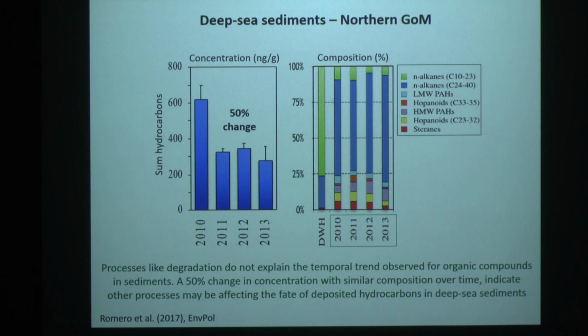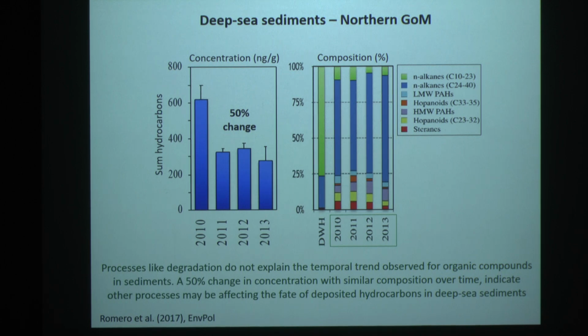Here are sediments collected in the De Soto Canyon, and now we have total sum of hydrocarbons concentrations over time, and on the right side we have the composition of organic molecules in those sediments. One thing to note here is that when I look at the sediment over time, we use chronology to follow the layer that was deposited on the sediments over time.